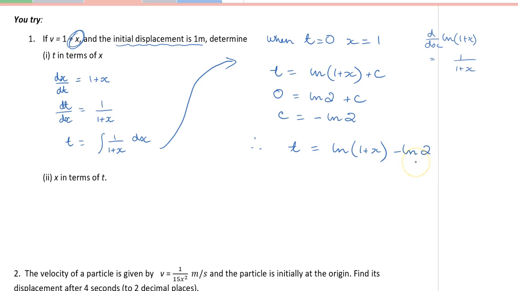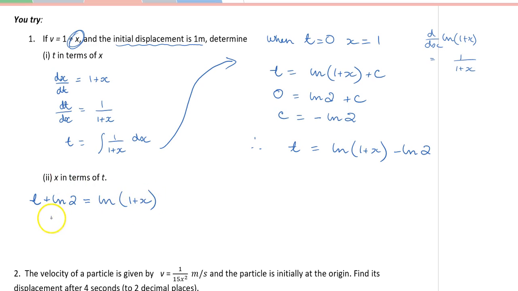So it's going to take a little bit of understanding of exponentials and logs, which is part 2. It says get x in terms of t. We know that by definition, if you take the log of a number, you get the power to which this base had to be raised in order to give that number.